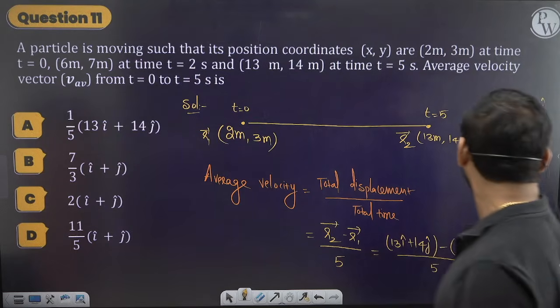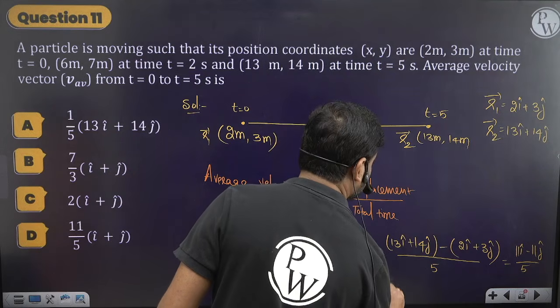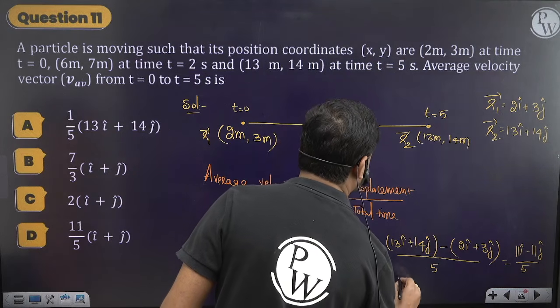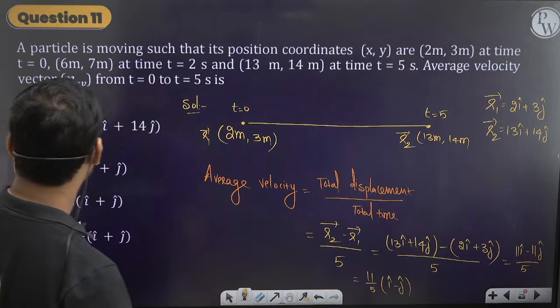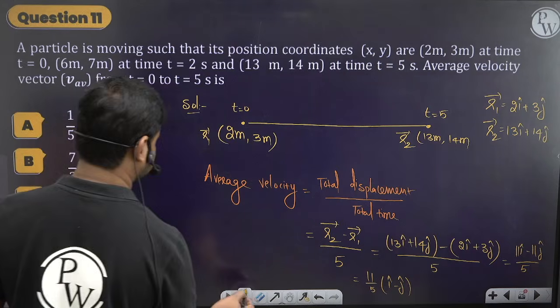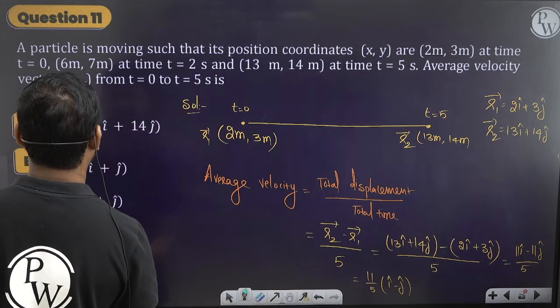So if you take 11 common, 11 by 5 (i cap minus j cap). Okay, so this must be minus, guys.